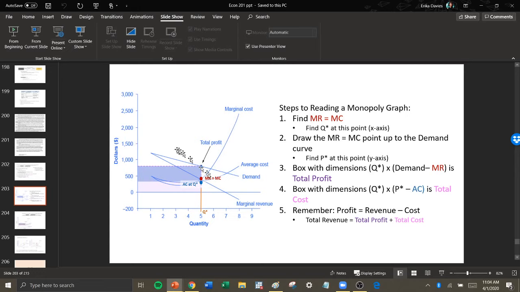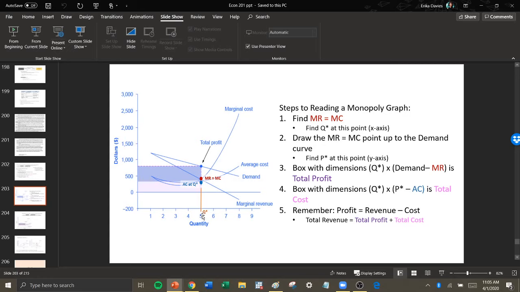So the point where those two cross, this red point here, is where marginal revenue equals marginal cost. Where does marginal revenue hit marginal cost? It's right here. Okay, draw a line down to our x-axis, which is our quantity. And 5 looks like the quantity we should produce when marginal revenue equals marginal cost.